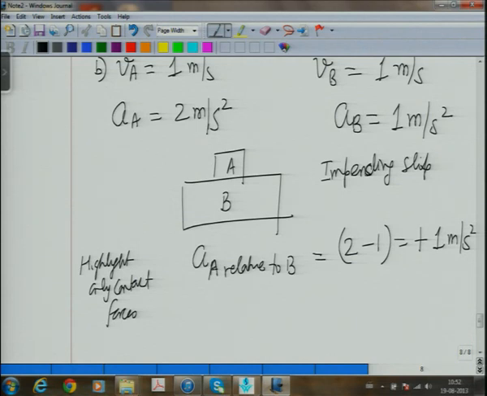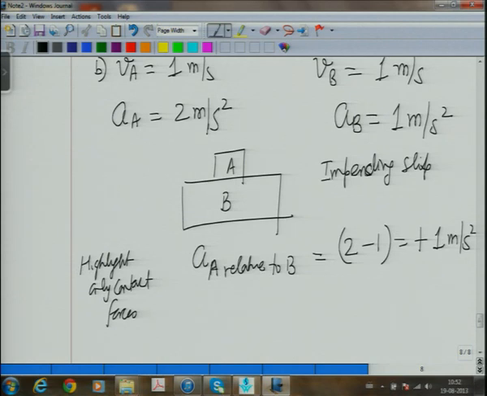So let's draw the free body diagram of block A. The pen refuses to move. This pen. Achha, but time up. Let me just do it. Let's do it on the board. There's no problem. Let's use a piece of chalk and do it.